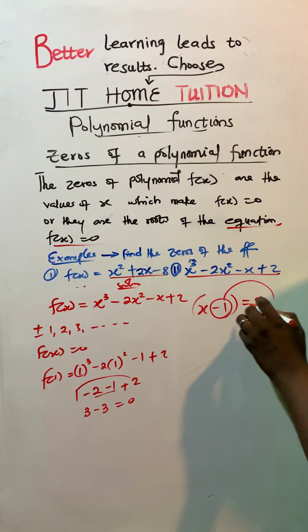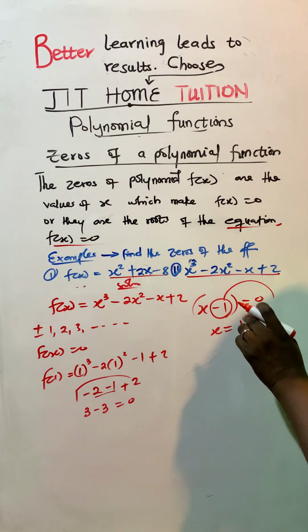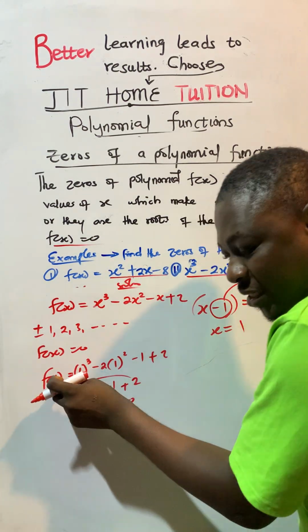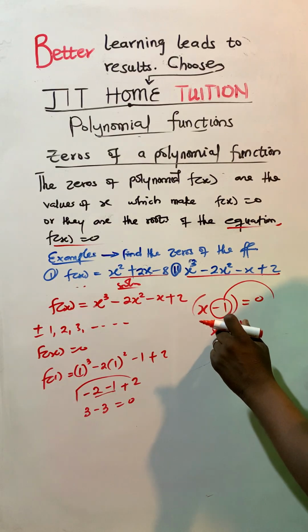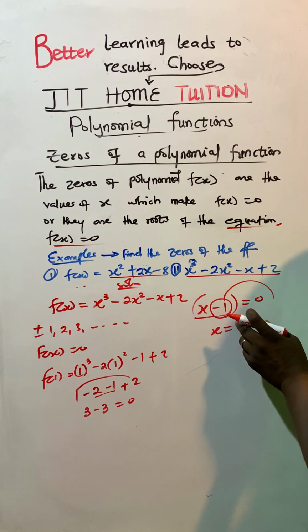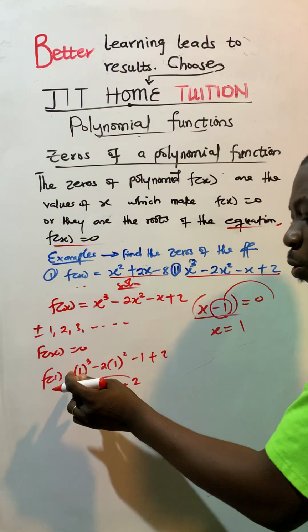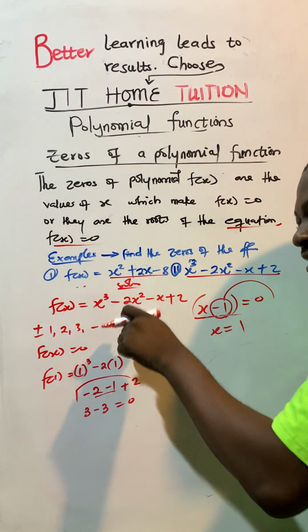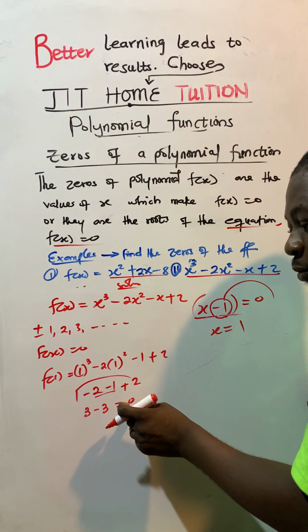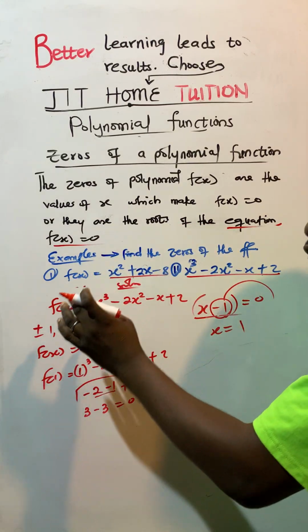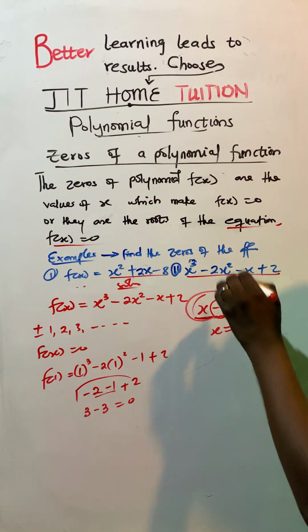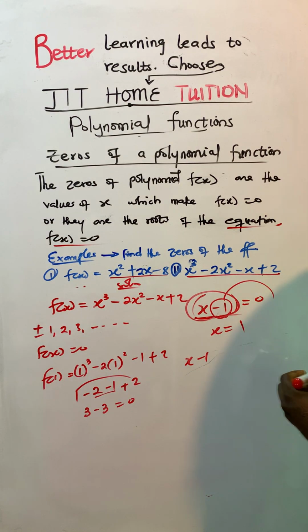Then this one will move here, giving you x equal to 1. That is what you now put in here. But this time around, you didn't have the x minus 1. You were trying to find a factor. And that one that you put into the function that gave you 0, that means that you have to write it in factor form. And so that means that the factor is x minus 1.